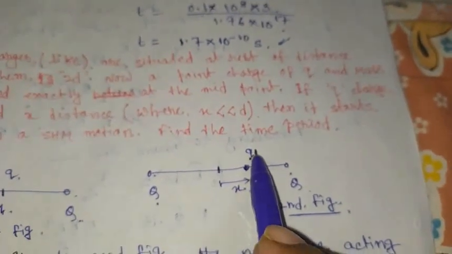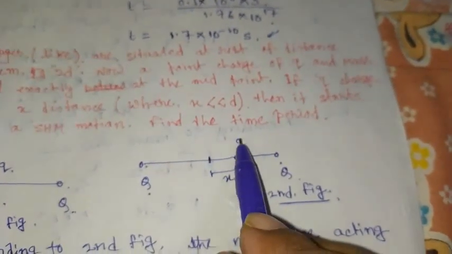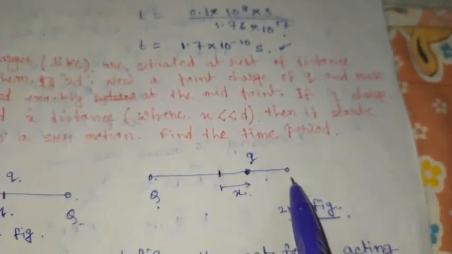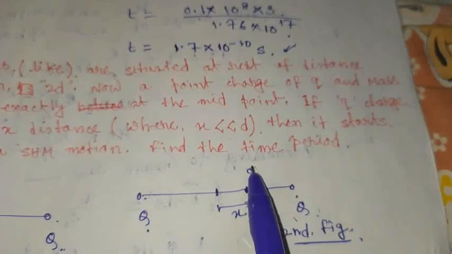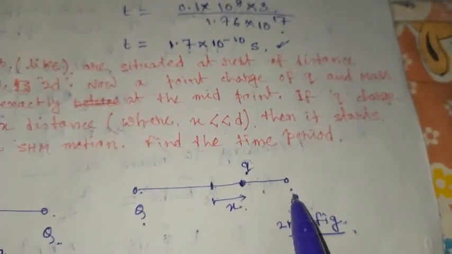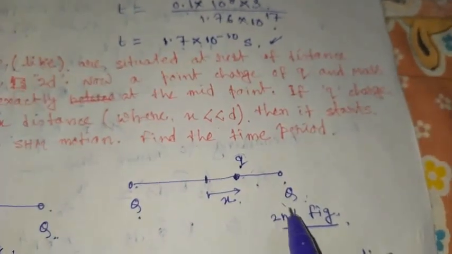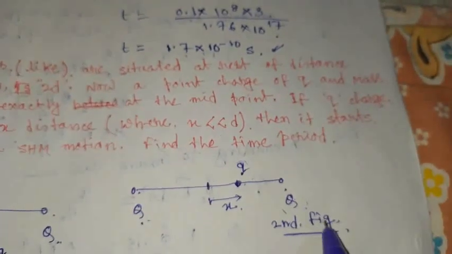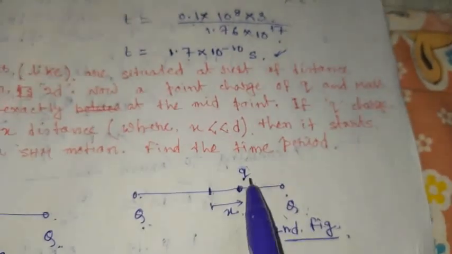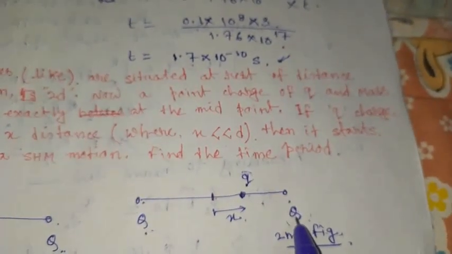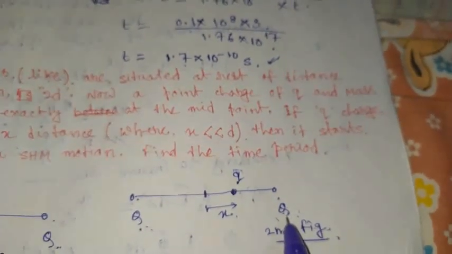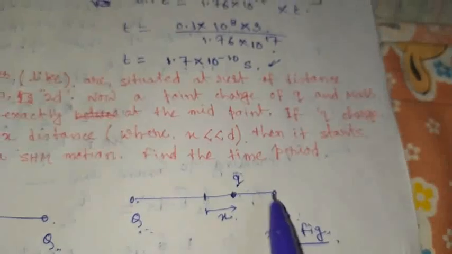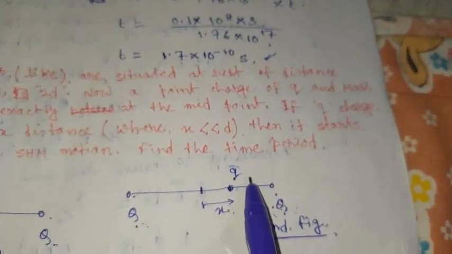So the effect on this q charge is mainly due to the nearer charge, or the domination comes from that charge. These are like charges, and we have chosen them to be positive, and this charge is also positive.